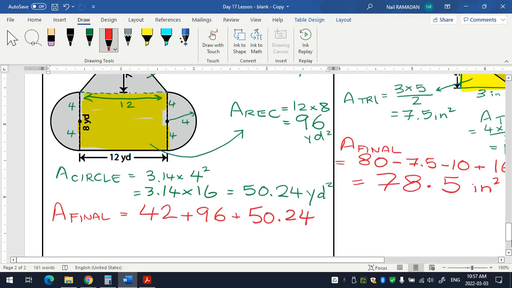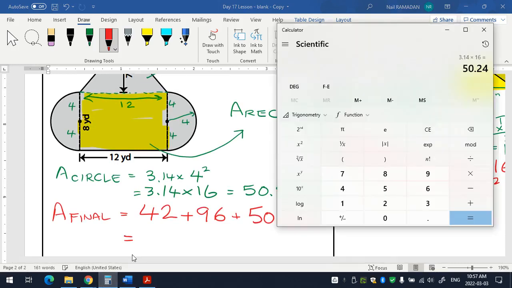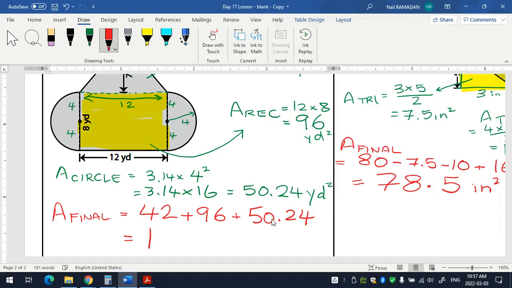Sorry, not sphere, circle. Sphere is 3D. And how much is this? 42 plus 96 plus 50.24 is 188.24.